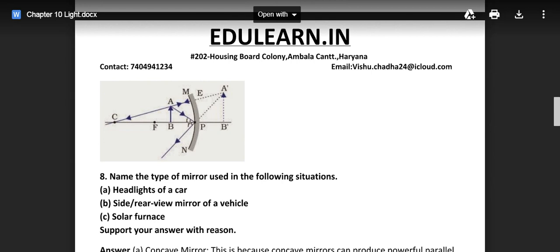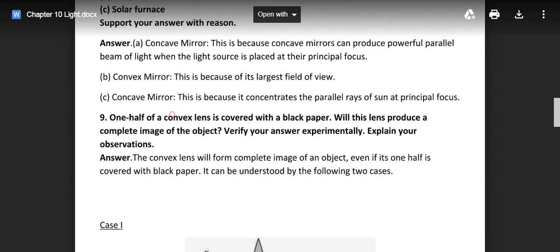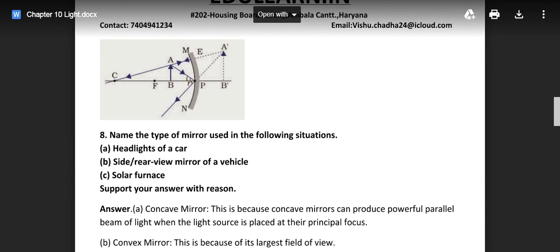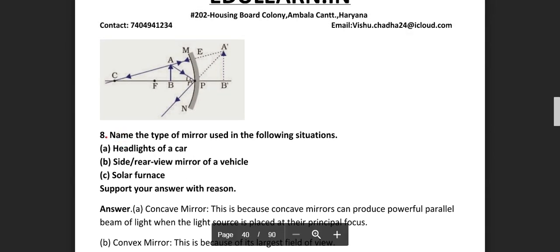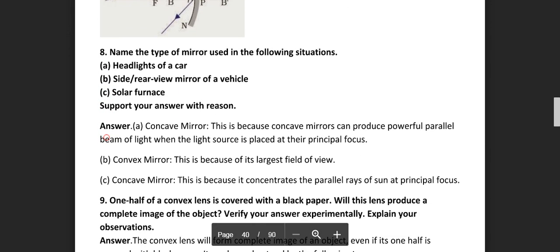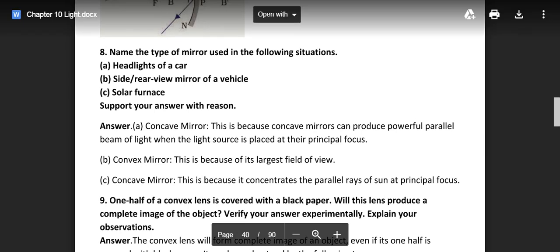Now this is what we have done. That is the most important question, and the other important question is this. This is my favorite question. Name the type of mirror used in the following situations: headlight of a car, side or rear mirror of a vehicle, solar furnace, with supporting answer. In the headlights of a car we use a concave mirror because it produces a powerful parallel beam of light when we place the light source at its focus.